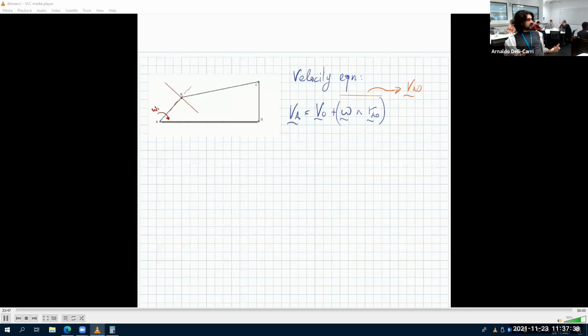We just have to be mindful in which way B is moving. Is it moving up left or down right? Following omega 1, it's very easy to see it's moving down right. We can do this very easily using the vector product. But first, let's write the equation. The velocity of B is the velocity of a reference point, in this case A, plus omega 1 cross vector r BA.